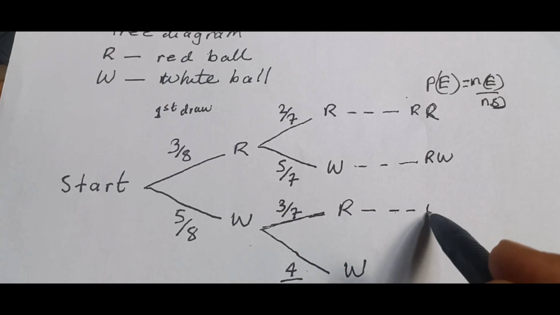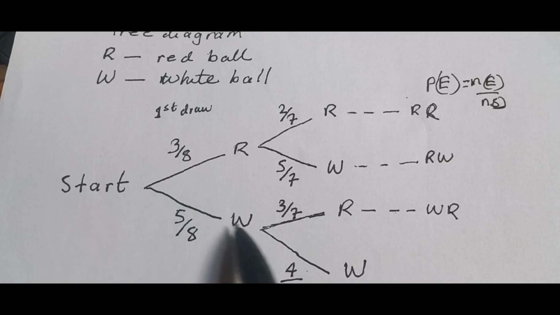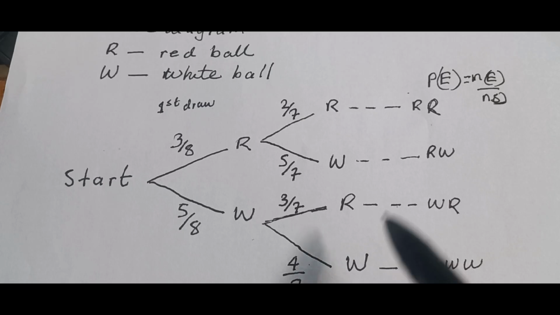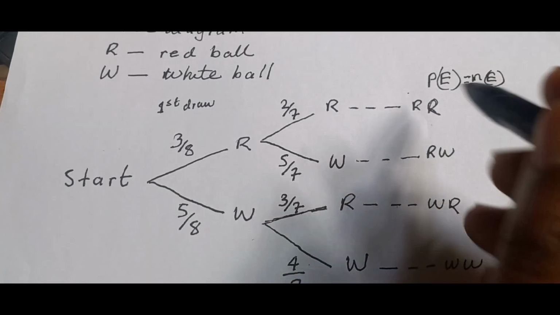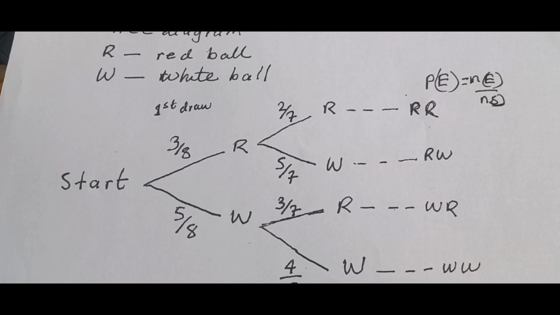So here we write white, red. In this path we have white. So we are told to find the probability that both balls are red in color. So this is very simple.